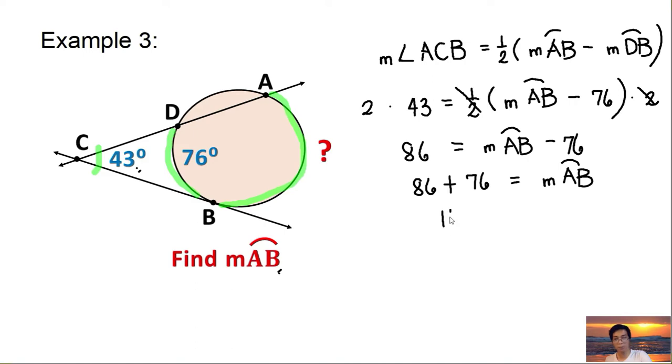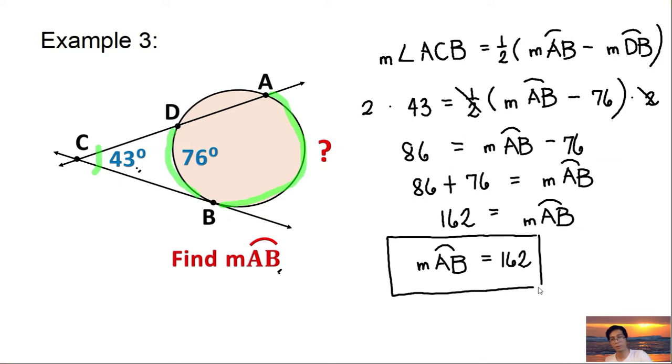So, 162 equals the measure of arc AB. Ito na po yung ating pinaka-answer. Pagbaligtarin mo na lang, so measure of arc AB is equal to 162. This is now our final answer.